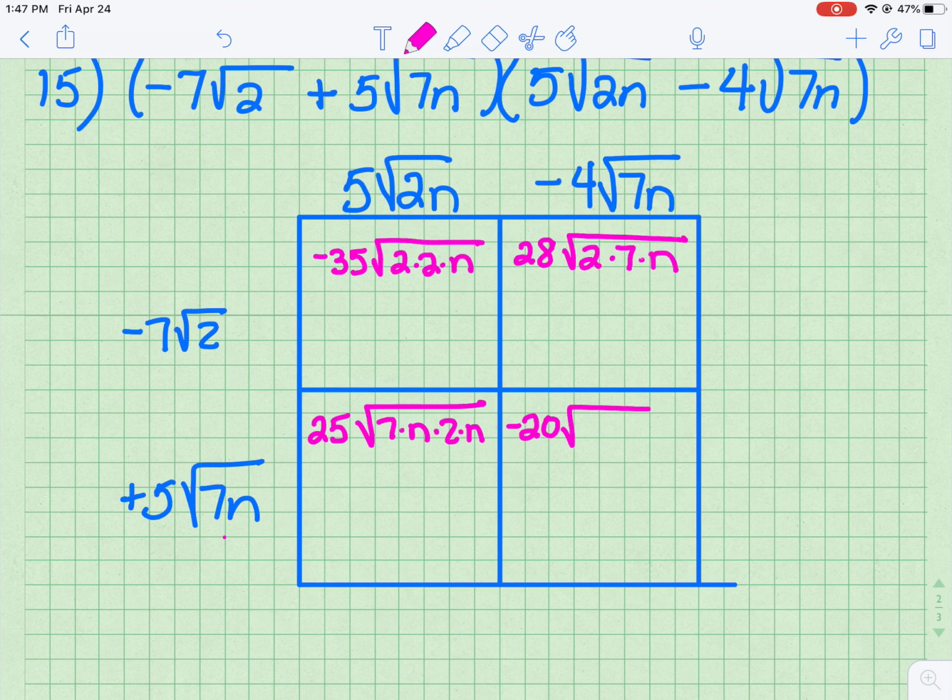Again, on the inside, I have a 7n from the lower left-hand box and a 7n from above. So that's the 7n. And now I have to go back and do any jailbreaks that need to occur.